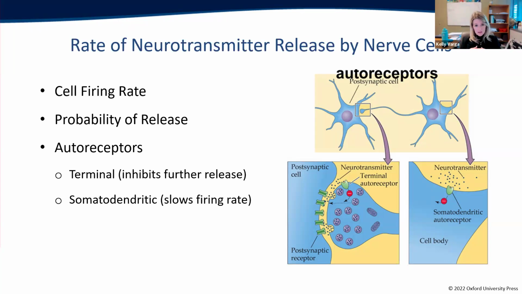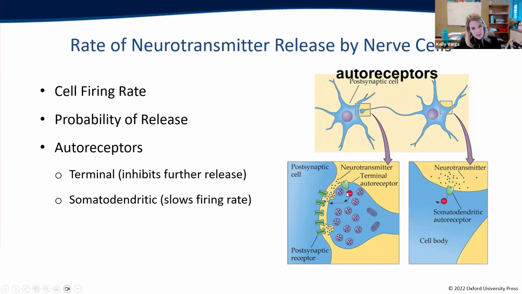But maybe too much self-firing is happening, and now I'm releasing so much neurotransmitter that it's moving away from the active zone and creeping out beyond this little cleft between the pre and post, wrapping around. I'm sort of just flooded with neurotransmitter.